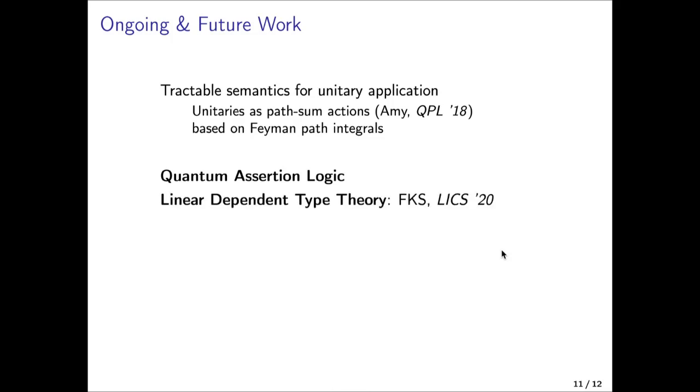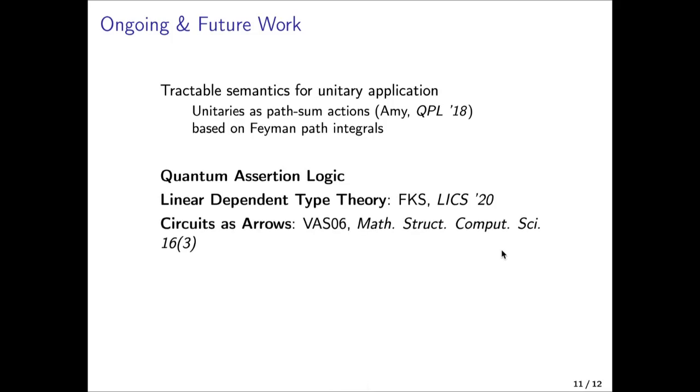Another interesting line of work is integrating linear dependent types into our framework, and Peter Selinger's group has recently proposed a new version of Proto-Quipper called Proto-Quipper-D, which has linear dependent types in it. So I look forward to exploring that and trying to integrate that system in our framework.